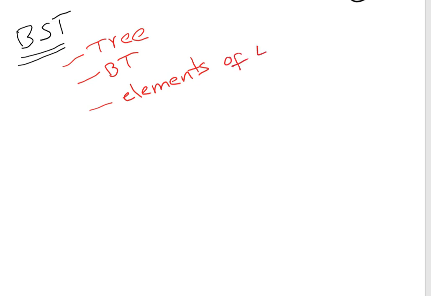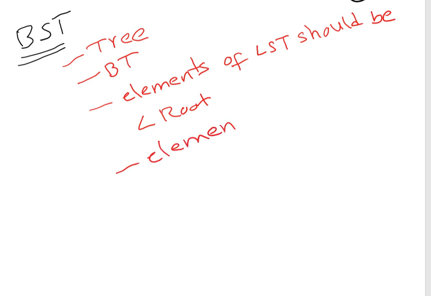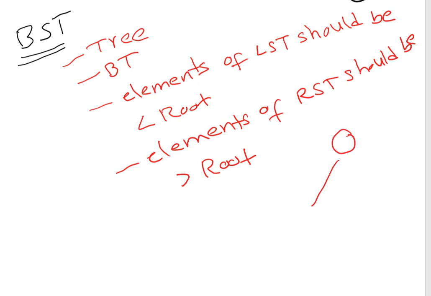Binary search tree means it should be a tree and it should be a binary tree, and elements of the left subtree should be less than root, and elements of the right subtree should be greater than root.